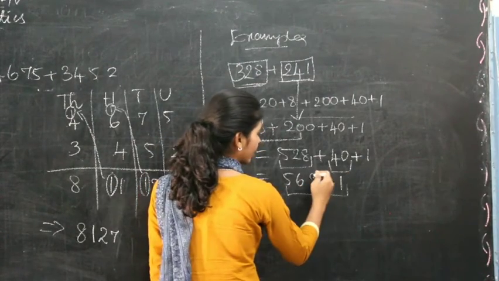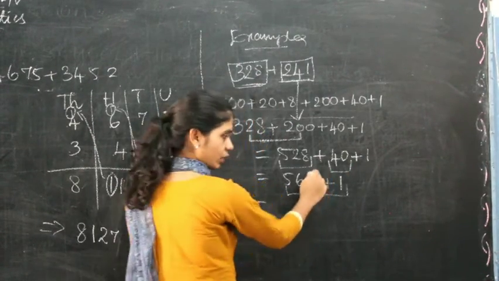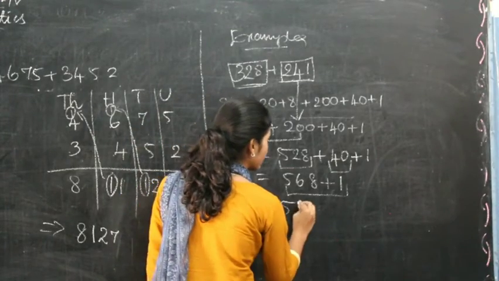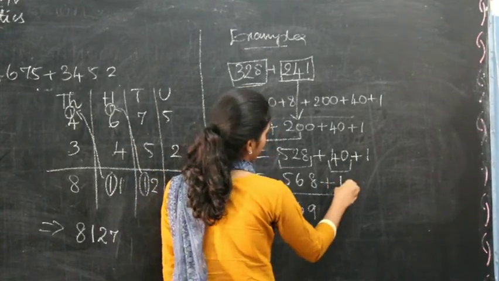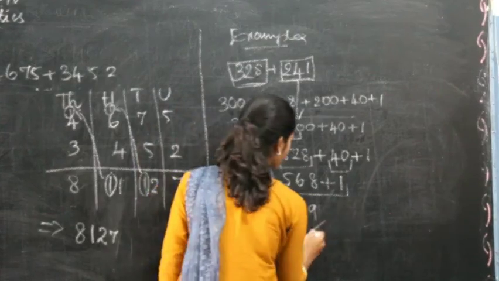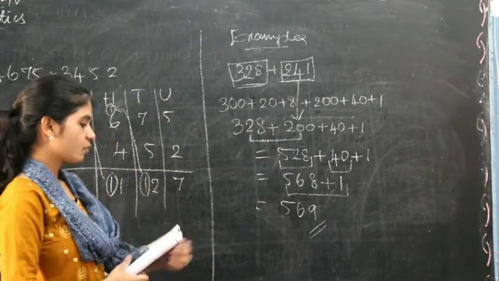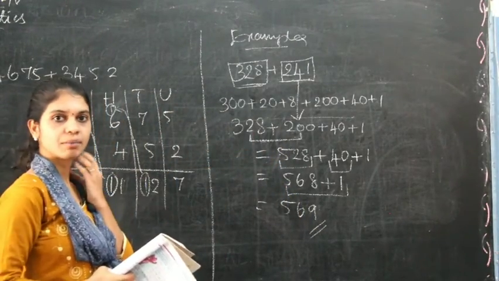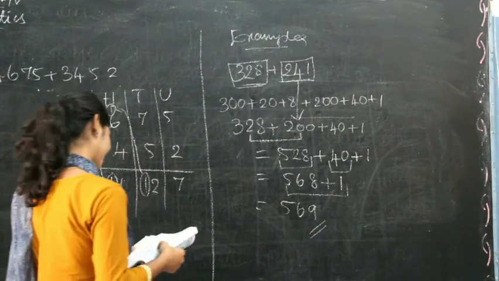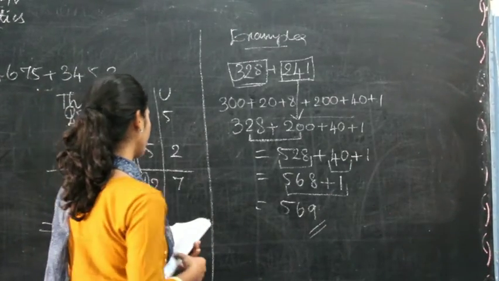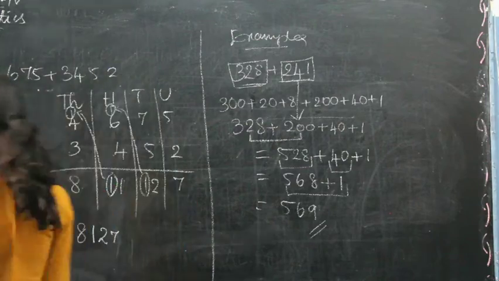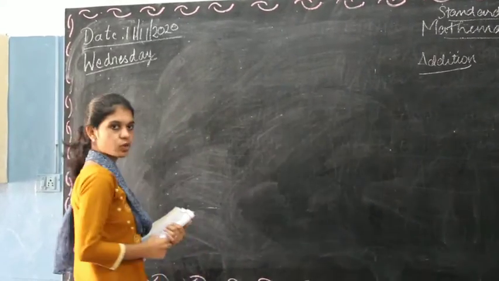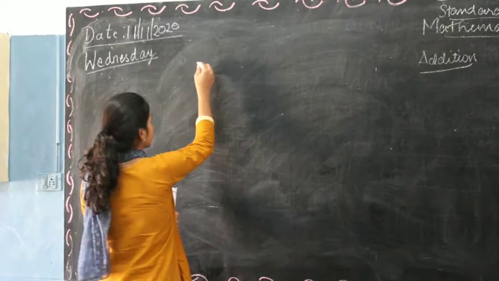It's a unit and we are going to add it with the unit. So 569. 8 plus 1 will be 9. So this is how we solve some other problems. So let's solve another sum in the same model.